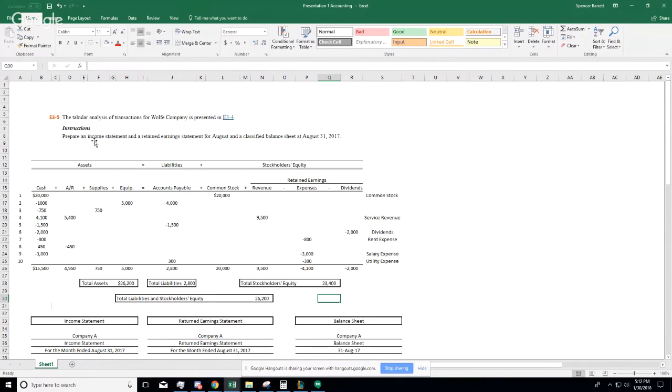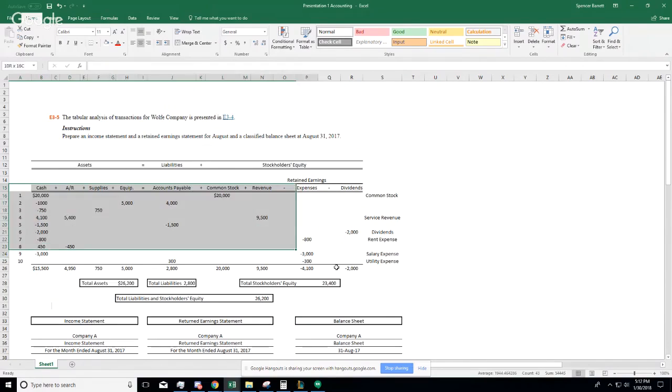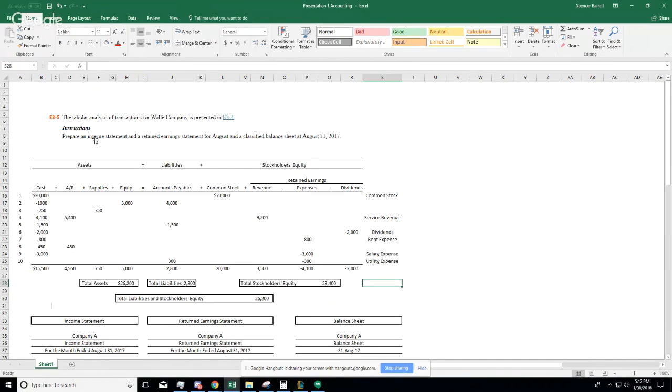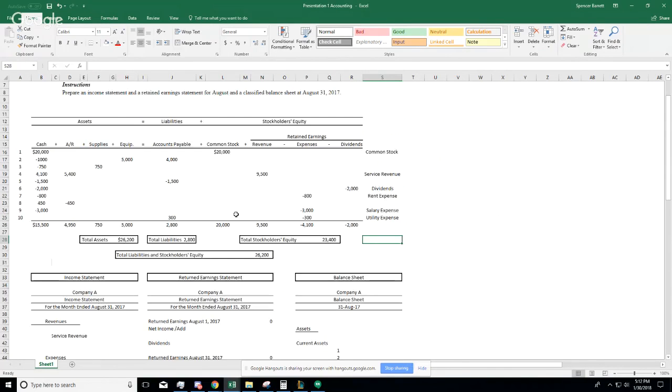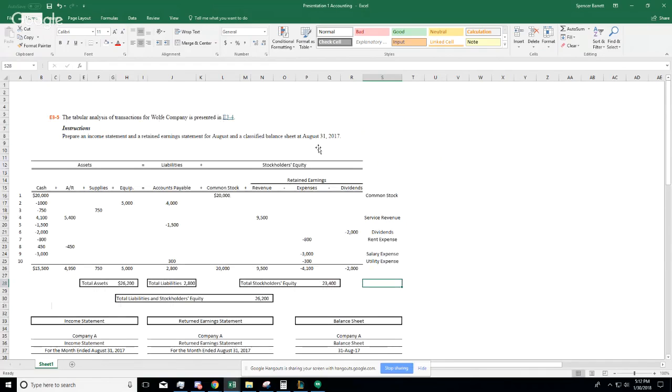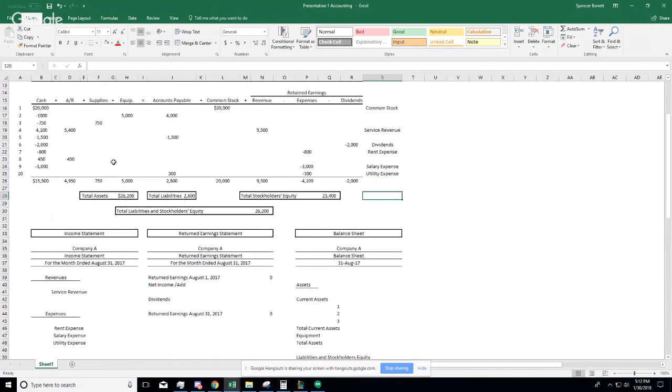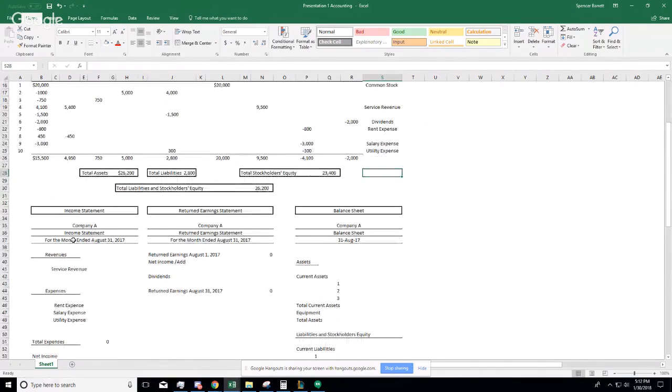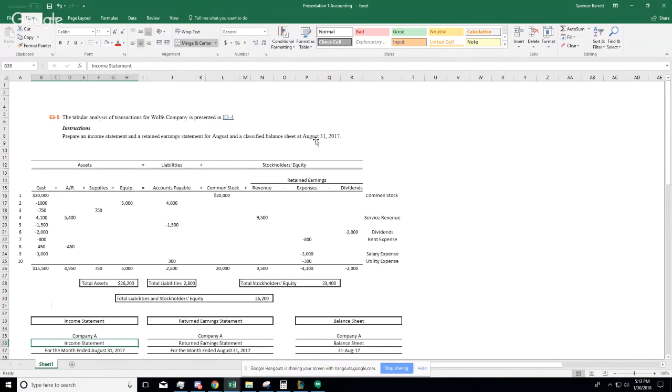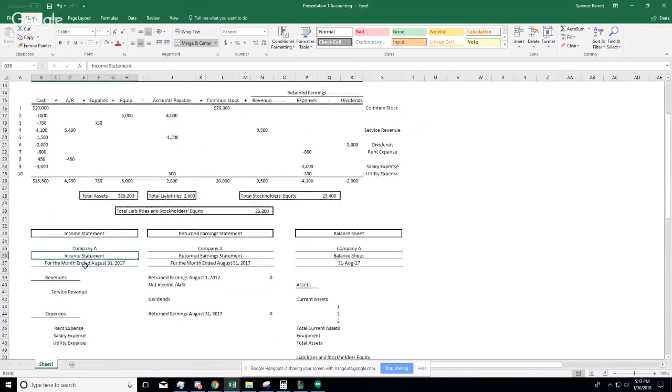The first thing that we're going to do with all this information we gathered is to prepare an income statement. Whether it be an income statement or a balance sheet or anything of that sort, we want to start with revenues or assets. So in an income statement, it did ask for August entirely, so it would be for the month ended August 31st, 2017.